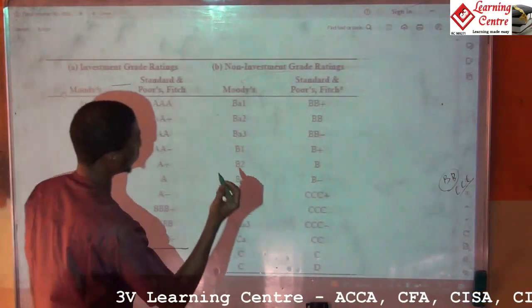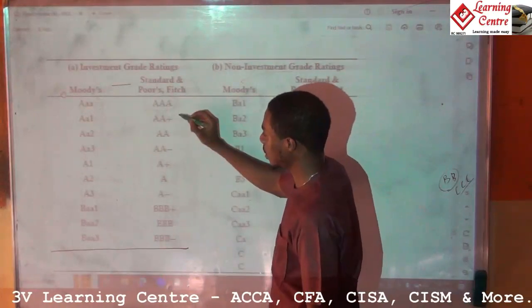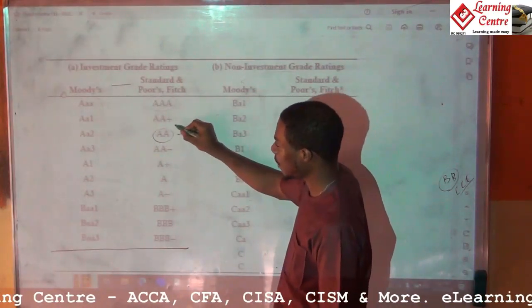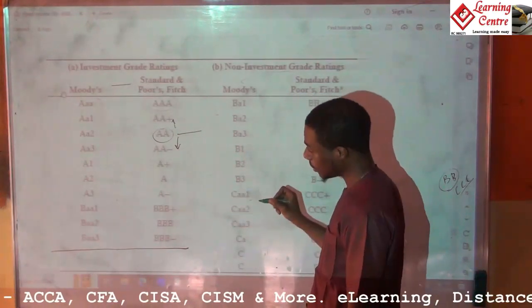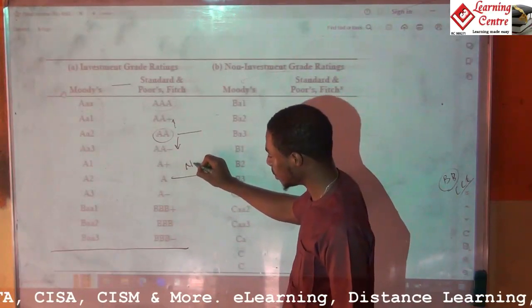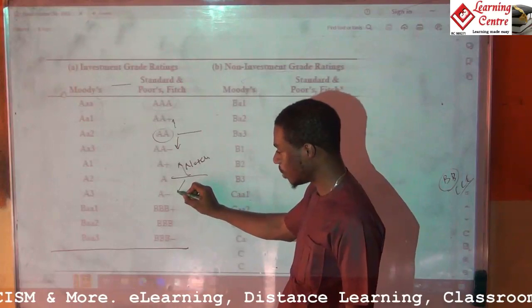So we have triple A. Then we have double A. But within double A, we have double A plus or double A minus. Then we have single A. This is called notching. You can notch it higher one step or notch it down one.